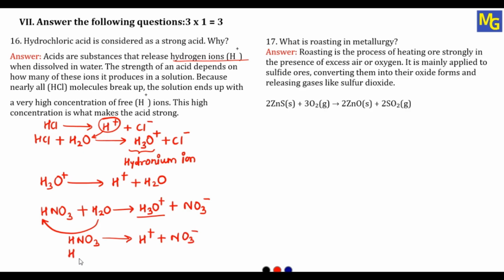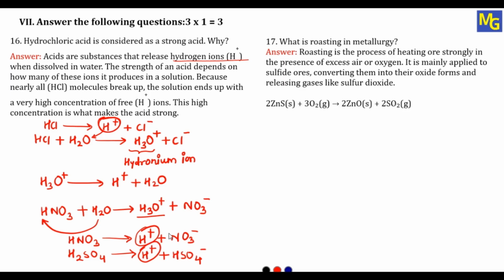Even H2SO4, that is sulfuric acid, has 2 protons. First I will separate one proton: H plus and HSO4 minus. Like this it will separate. So remember, all acids, when added in water, will split. See this: one H plus from HCl, this H plus from HNO3, this H plus from H2SO4. All will split to give H plus.